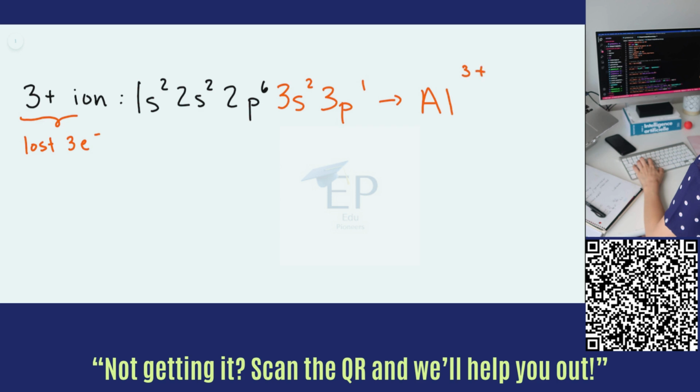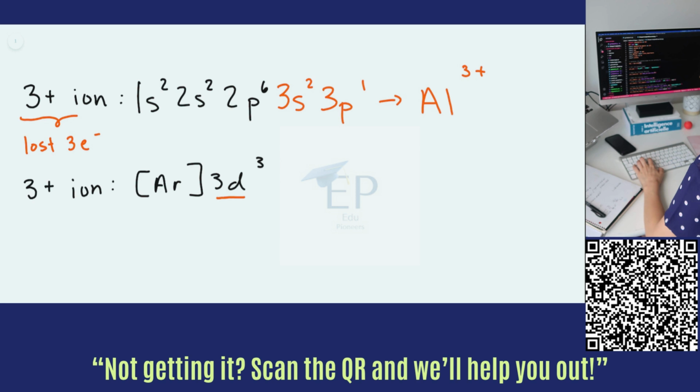All right, now let's go to the second part of the problem, which tells us that we have another 3+ ion, this time with an electron configuration of Ar and 3d3. So again, just like before, this means it's lost 3 electrons, so we need to add 3 electrons back. Now, the important thing to remember is that when electrons are taken away, they get taken out of the highest energy level.